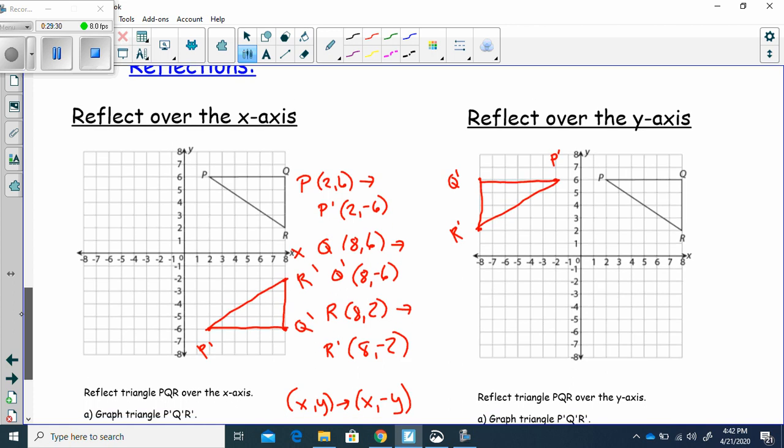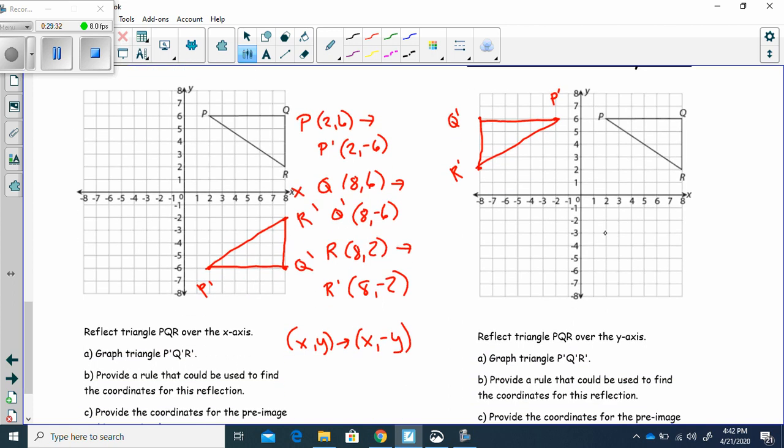Let's look at this one here. Our coordinates. Our P here was at 2, 6. And what's our P prime at? Let's look at it. P prime is at negative 2, 6. Our Q, let's see where Q is.